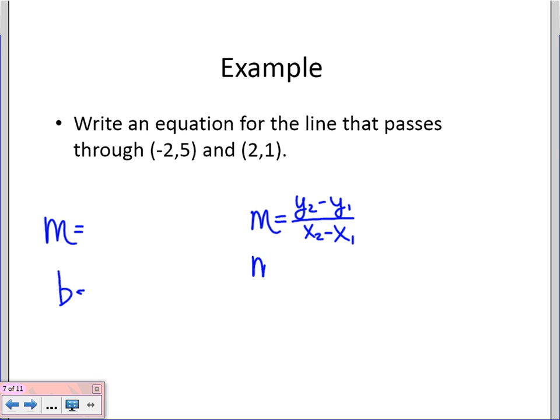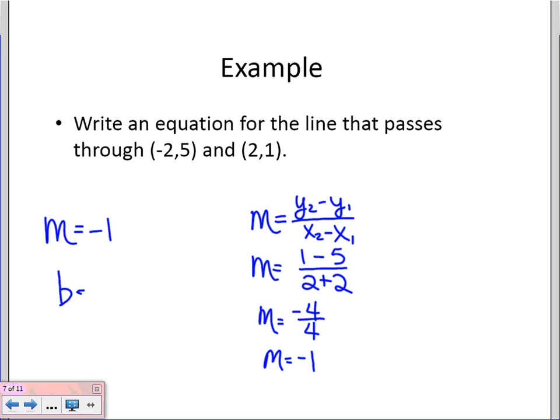So we have m equals y2, which is 1, minus y1, which is 5, over x2, which is 2, minus x1, which is 2. If you're having trouble, go back to your 8.4 video, I think, and that'll teach you how to do slope. So this is m equals negative 4 over 4, m equals negative 1.